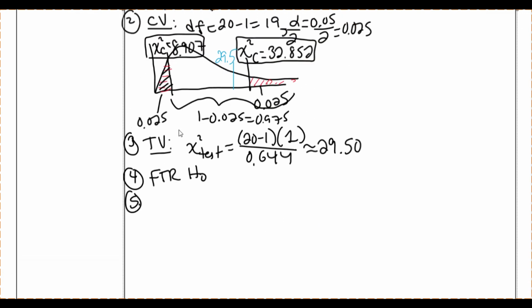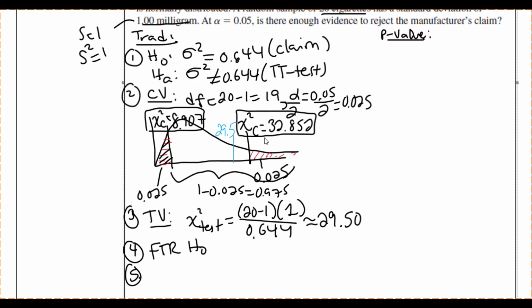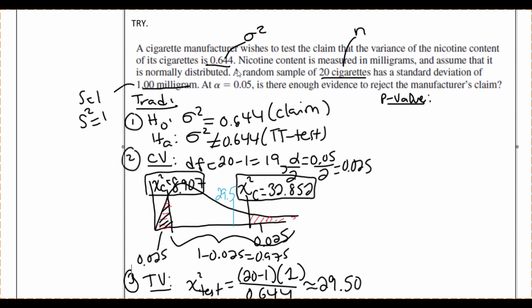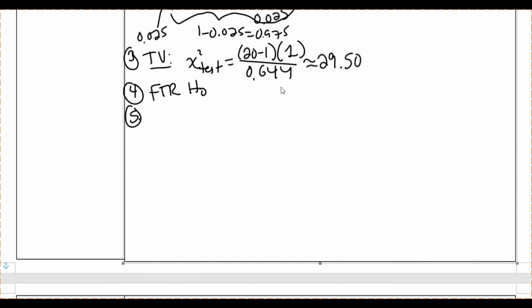All right, so since we failed to reject, this means we do not have enough evidence. In addition, the claim belonged to our null hypothesis, so we used the word reject. And our claim was that the variance of the nicotine content of the cigarettes is 0.644.